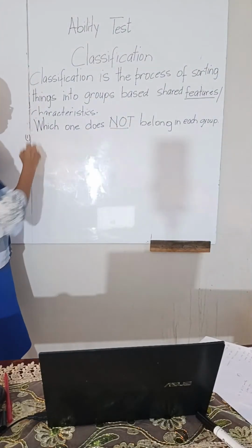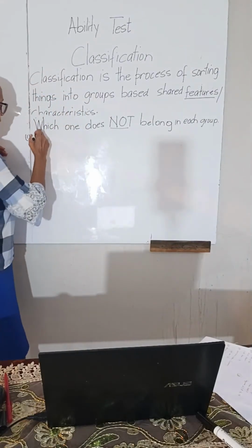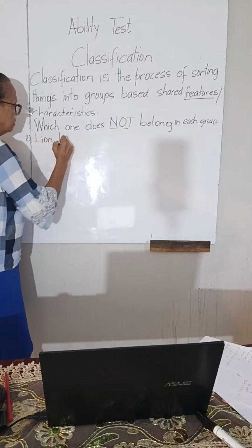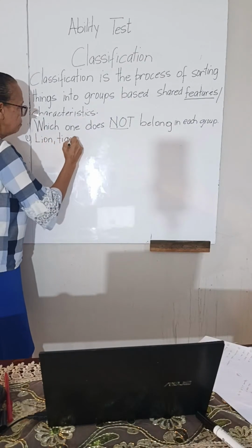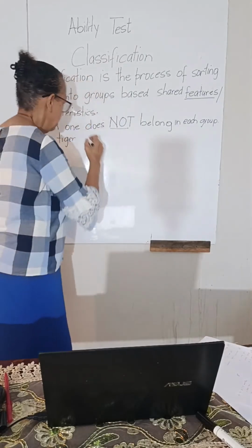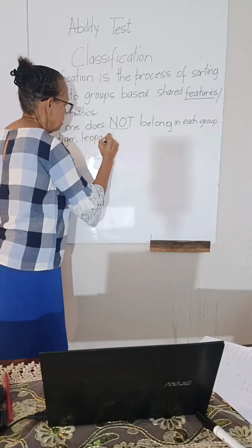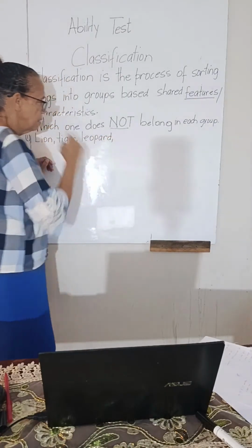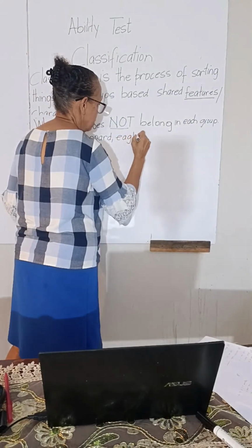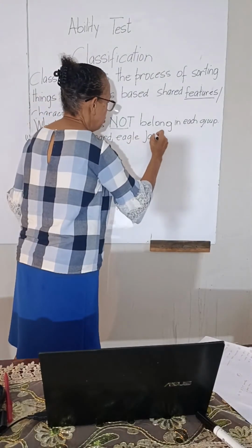Number one, you have lion, tiger, leopard, eagle, and the next one is jaguar.